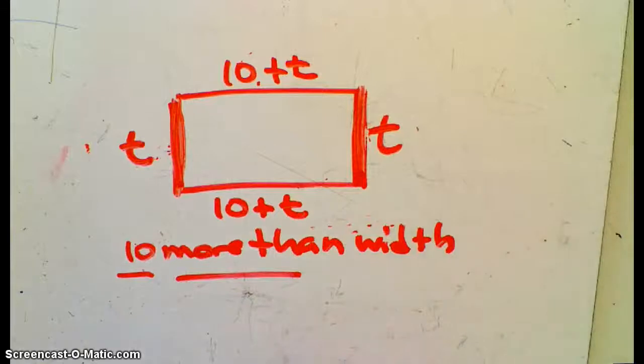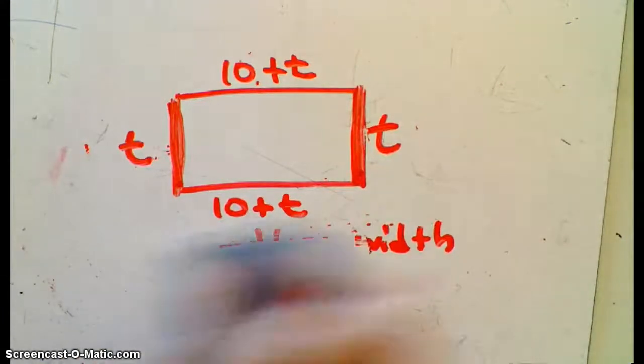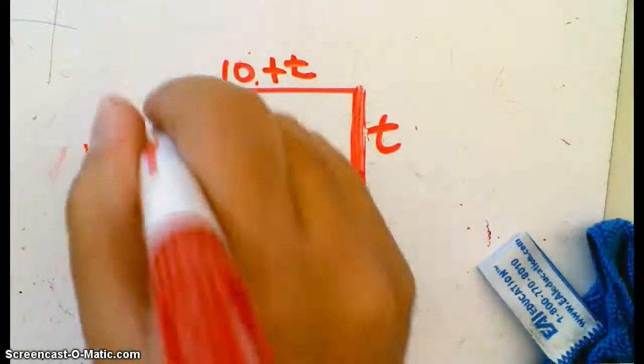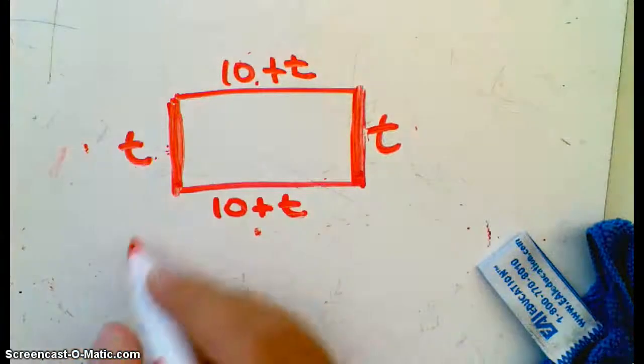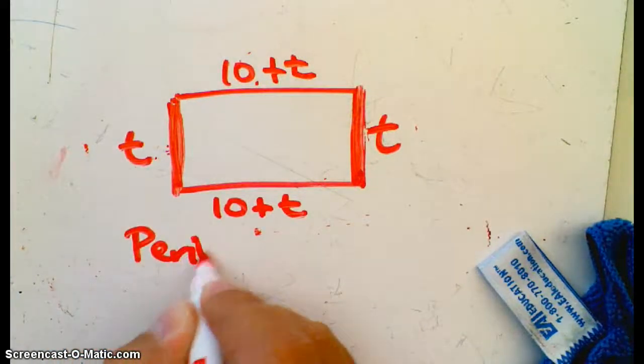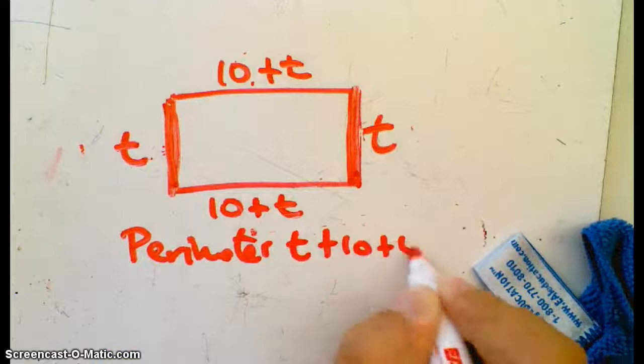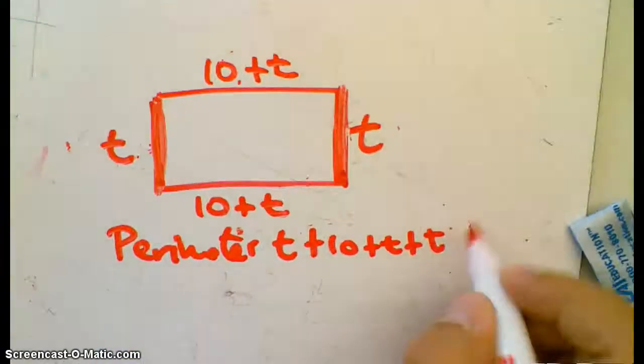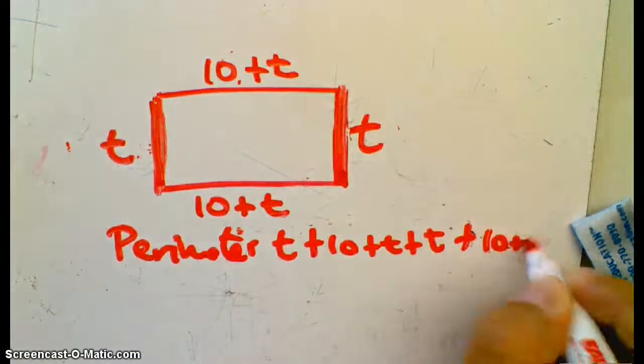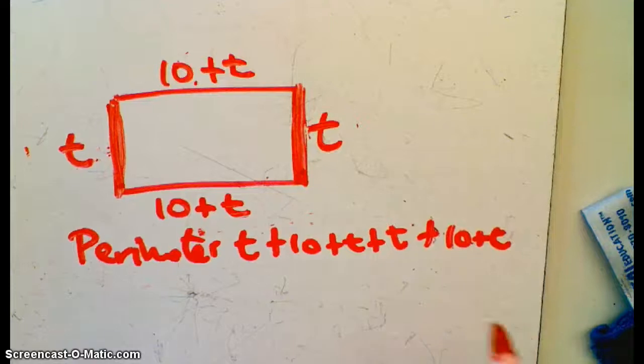So with those two pieces of information, I can write expressions about the perimeter. In the perimeter, I will have to add every side. So I have t plus 10 plus t plus 10 plus t plus 10 plus t. Did I add all of them?